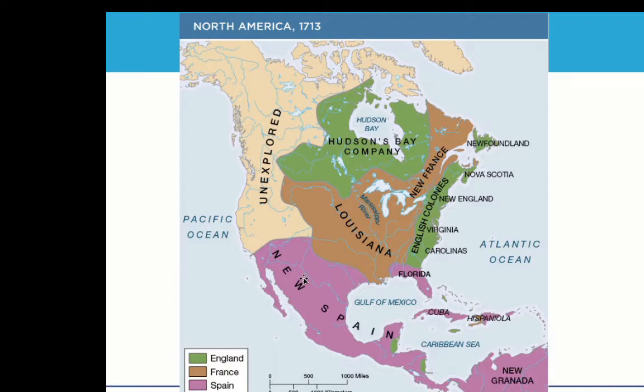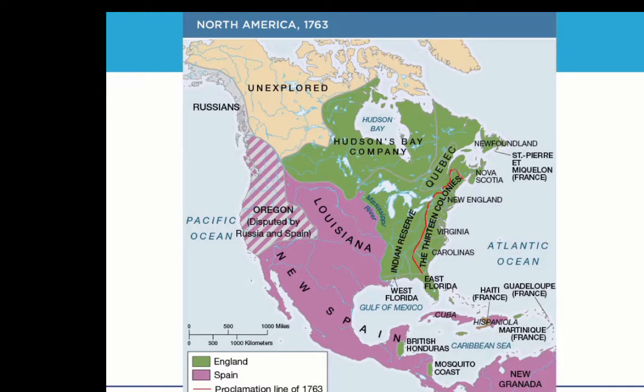This is before the 7 Years' War, and this map shows after the 7 Years' War and the Treaty of the 7 Years' War. And this green territory now was all being claimed by the British, and the purple all by the Spanish. In North America, the French lost their territory, leaving the British as the clear dominant power in North America.